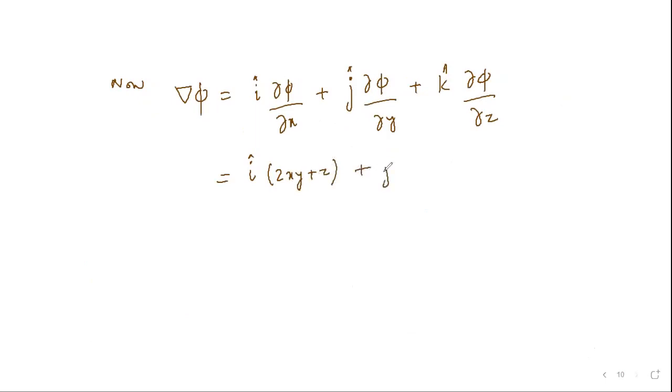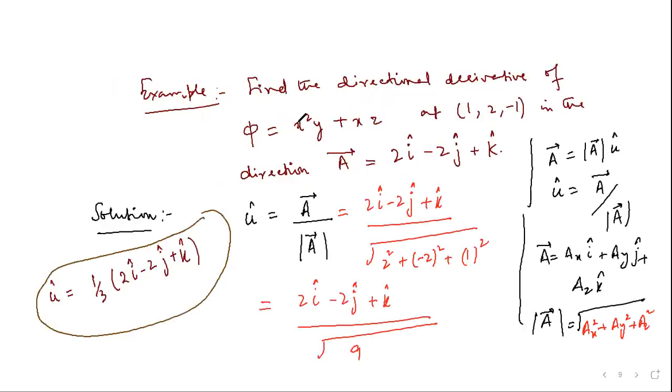right? Then j cap. And I find its partial derivative with respect to y, it is just x square. See how. Partial derivative with respect to y is x square because this term will be 0, it doesn't contain any y, it's constant.